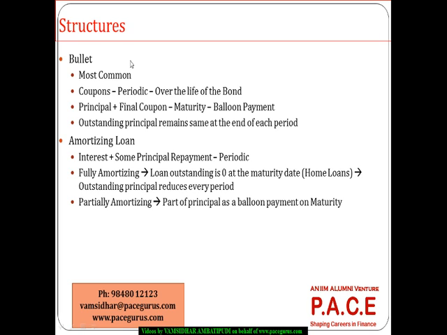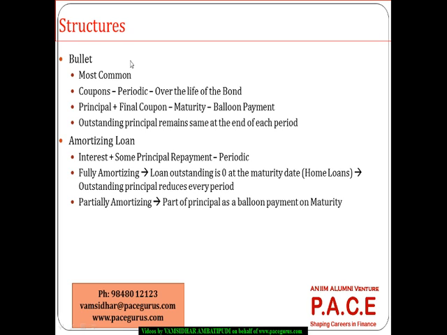In a fully amortizing loan, the complete loan is paid off by the maturity date. Typically, home loans and automobile loans follow such a structure. And the outstanding principal keeps reducing each period because a portion of the principal is repaid at the end of each period along with the coupon payment.